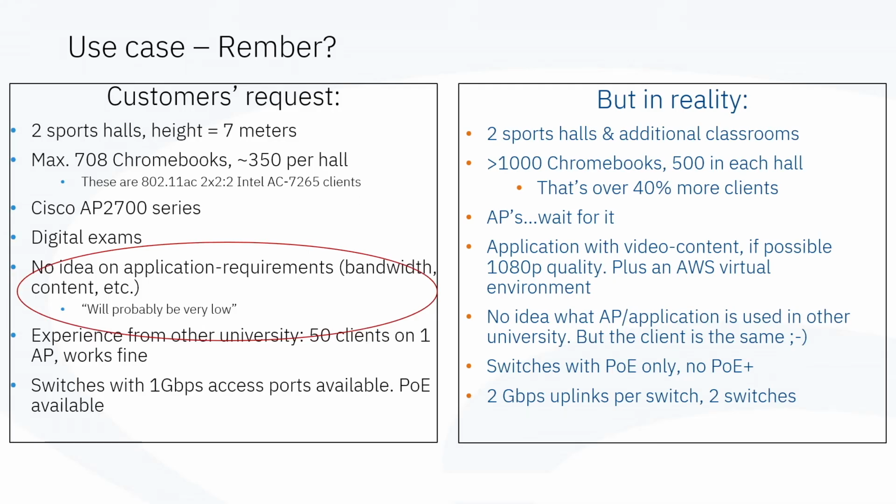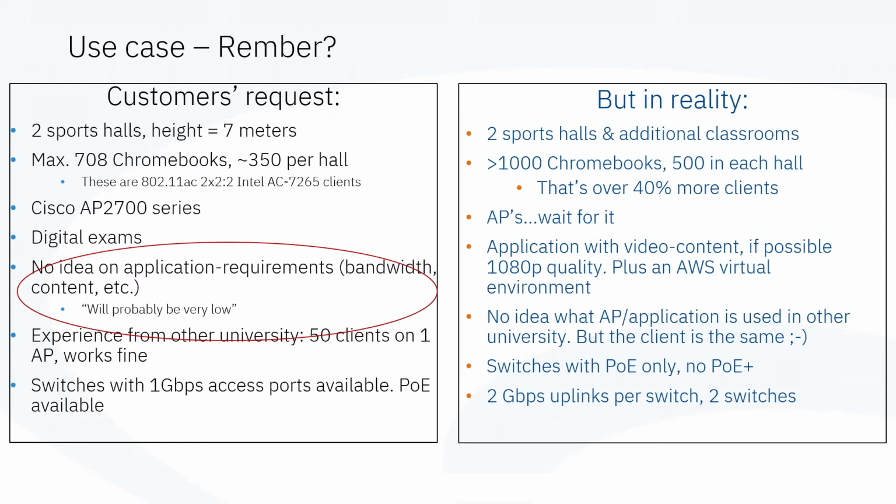So back to the use case. Again, my gut feeling in the early stages already said that that bandwidth requirement just doesn't feel right. And eventually we ended up with the reality of the use case, which is not only 2 sports halls, but additional classrooms that they want to have fitted with this solution, over 1,000 Chromebooks instead of 500 or 700.